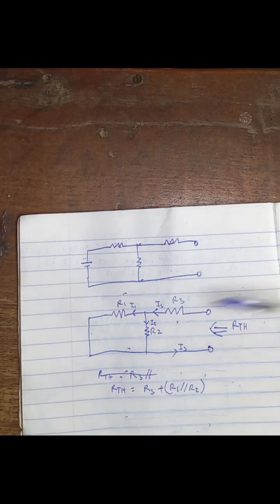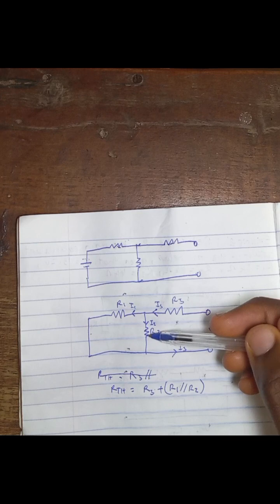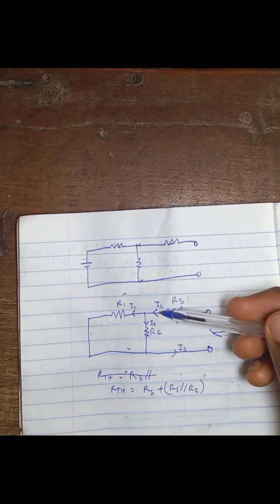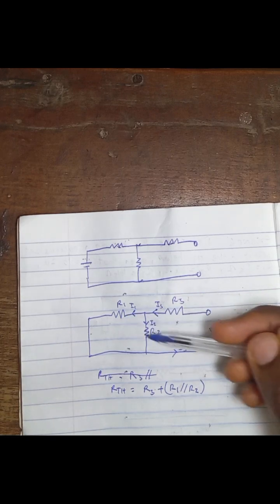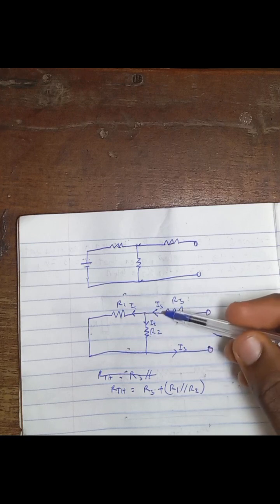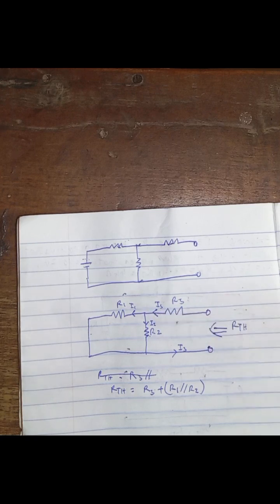So you get it because R1 and R2 are sharing I3. So we can see that they're actually in parallel to each other because they're sharing the same current.